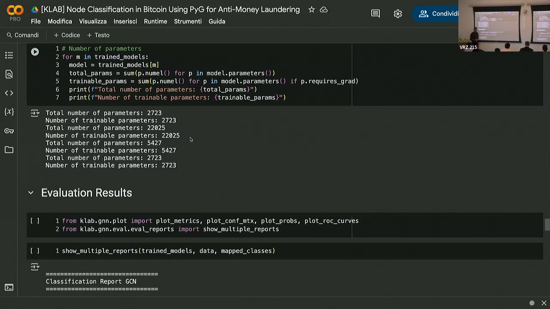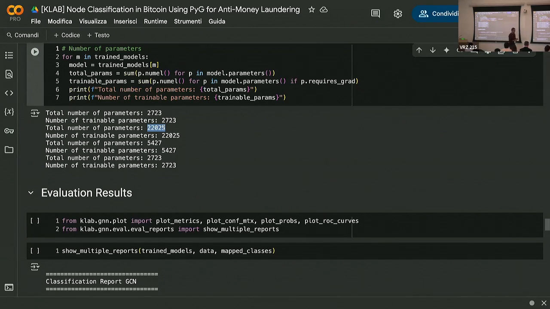The number of parameters, which has a direct impact on the efficiency, on the duration of the training. Here you have the number of parameters of graph convolutional networks, so 2000 and so on. Here you have the number of parameters of graph attention networks, which is one order of magnitude of difference compared to the graph convolutional networks.